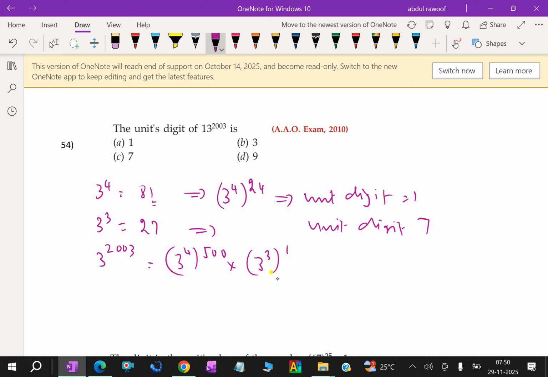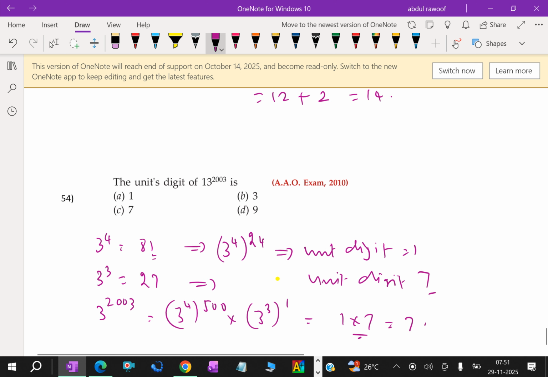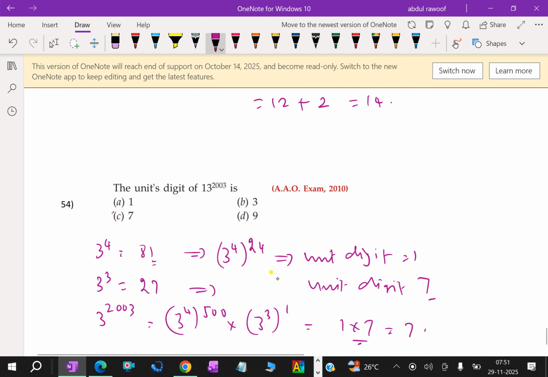So, which gives 3 power 2003, therefore total is 1 into 7, so 7 is the unit digit. The units digit of 13 power 2003 is 7. So, option C.